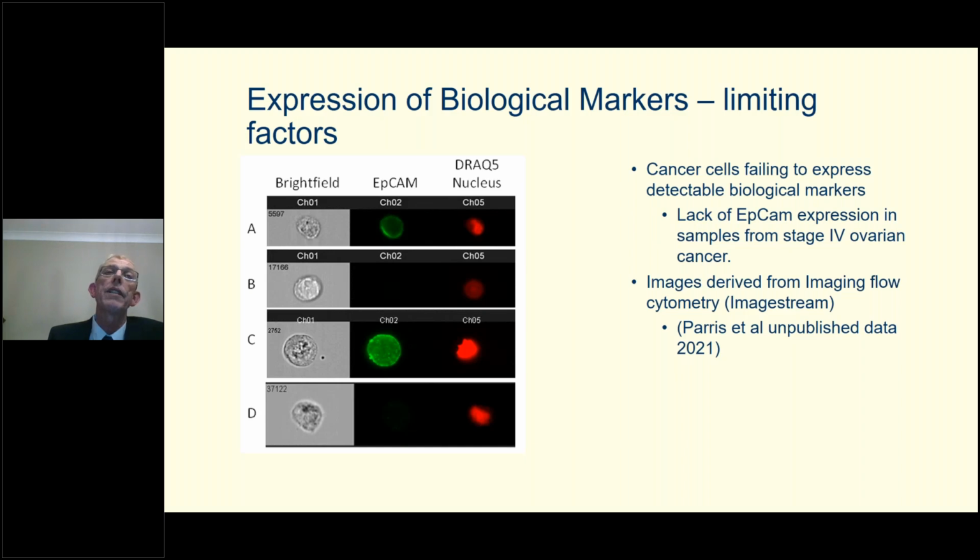And also we can demonstrate from this type of analysis, you get all kinds of staining intensities in between. So there's clearly a proportion of circulating tumor cells that are reflecting the fundamental property of cancers, and that is tumor heterogeneity. So you do need other mechanisms to identify and to capture circulating tumor cells.